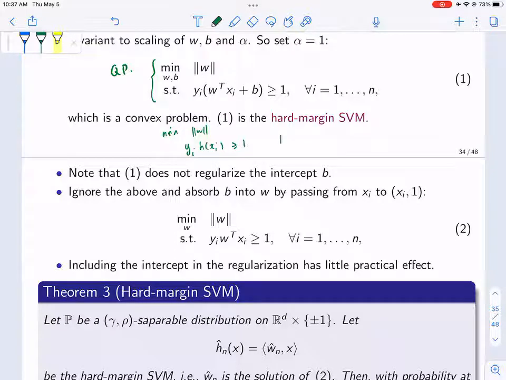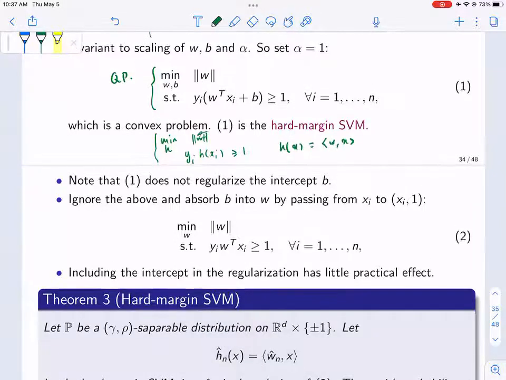Whatever function you have, h happens to be in this case w x, but you can imagine later on that this is really the form. So you have a parametric form of h, and then you're minimizing some sort of a norm of h. That's the problem.